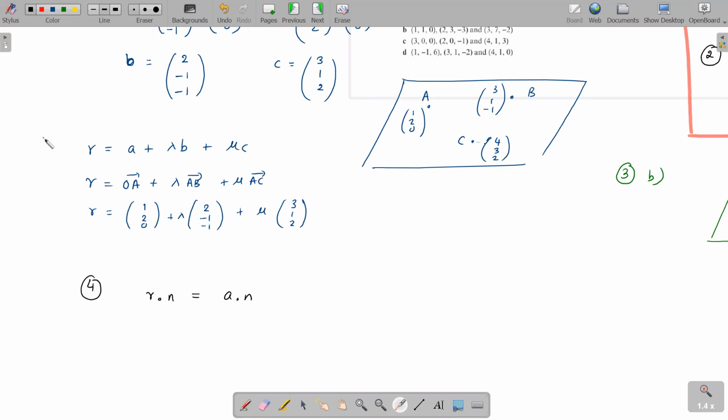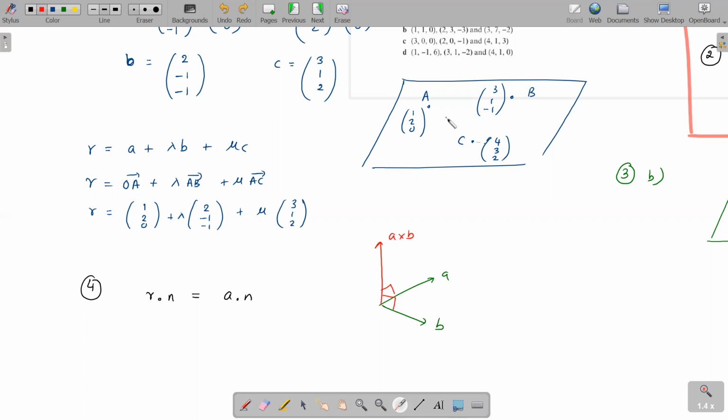If you take the cross product of any two vectors, it produces a vector which is perpendicular to the two original vectors. That's the definition of cross product, right? A cross B is perpendicular to A and also perpendicular to B. So that's the purpose of cross product. So in this case, using that theory, how can I get a vector which is perpendicular to this plane? How can I find n?